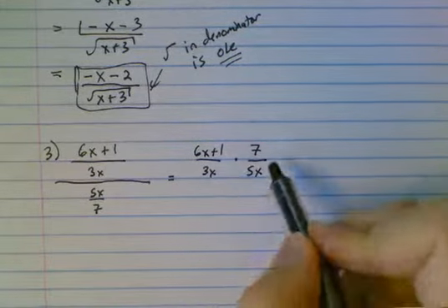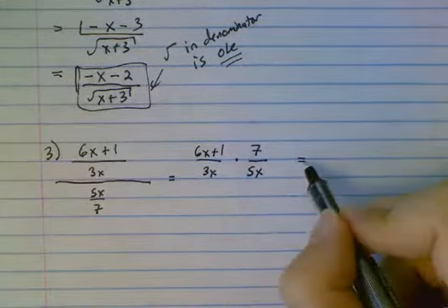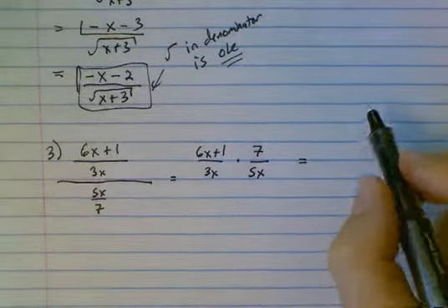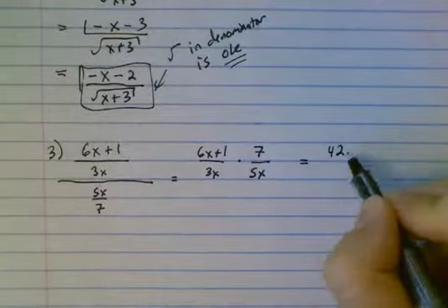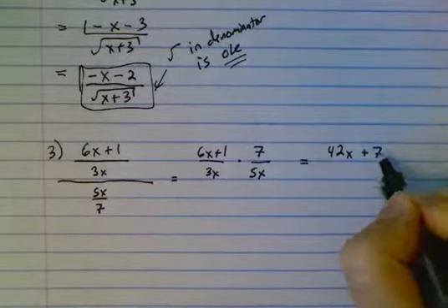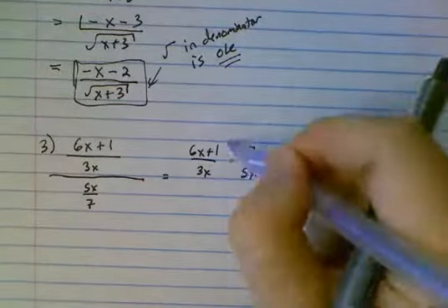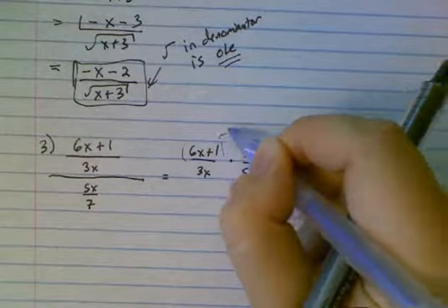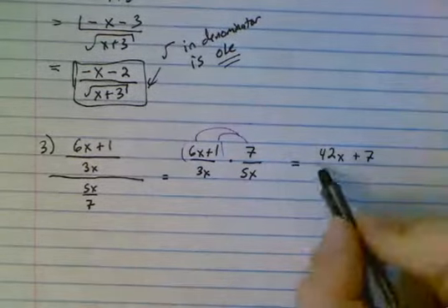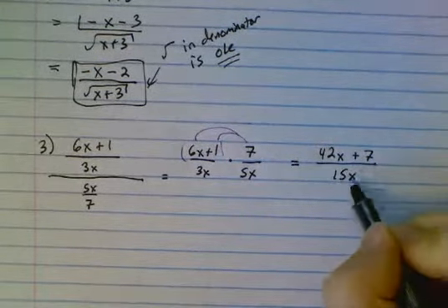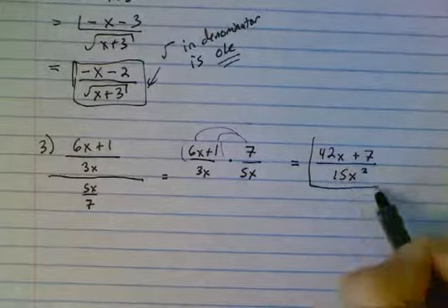If we multiply the numerator, multiply the denominator, 6 times 7 is 42x plus 1 times 7, over 3x times 5x, 15x squared.